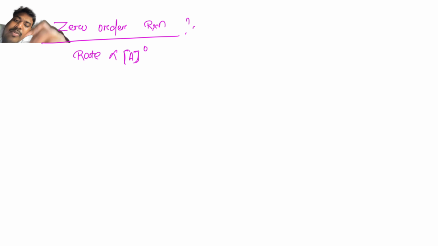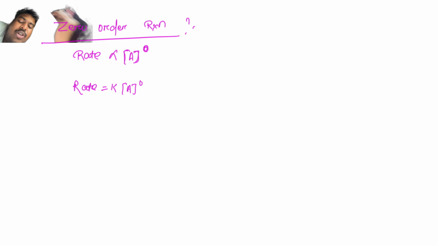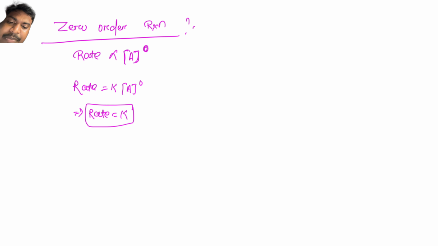If it is zero, that means the order is zero. To remove the proportionality, I have to put some constant, so rate equals k[A] to the power 0. Any substance to the power 0 is taken as 1. So simply rate equals k. Here the rate constant is k.